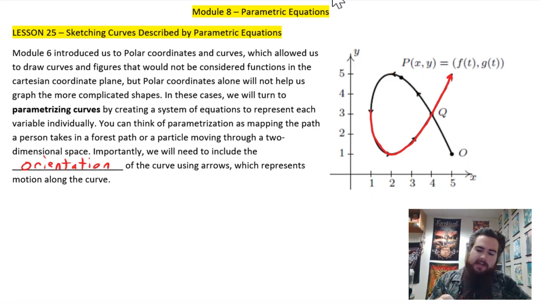Y, on the other hand, if I again trace this and think about y, as I trace along this curve, y is now getting larger and larger up until I get to here. After that point, y starts getting smaller and smaller until I get here. Then y starts to get larger again.